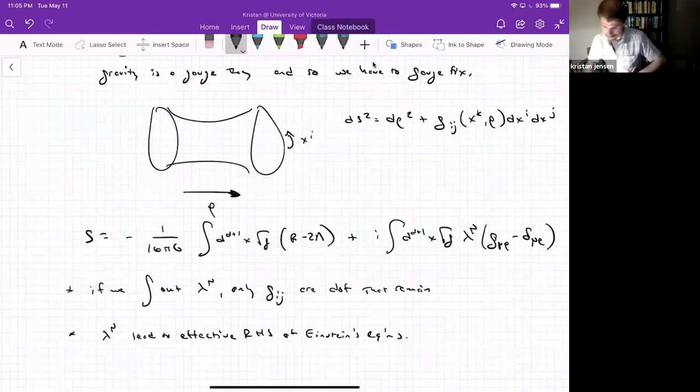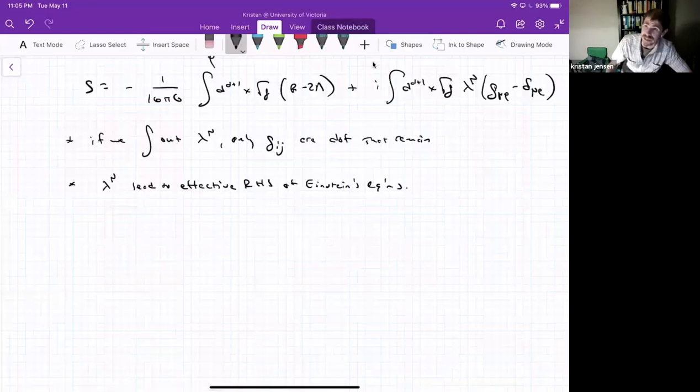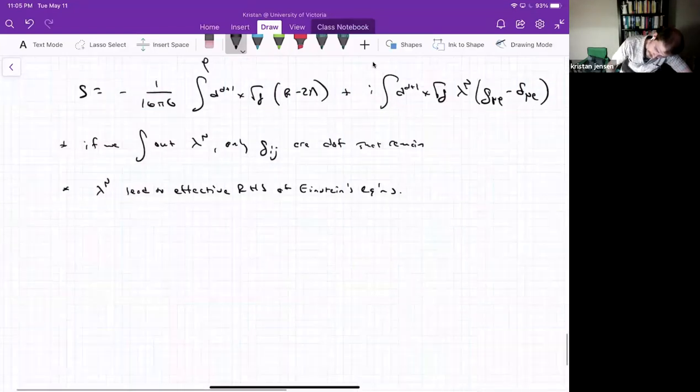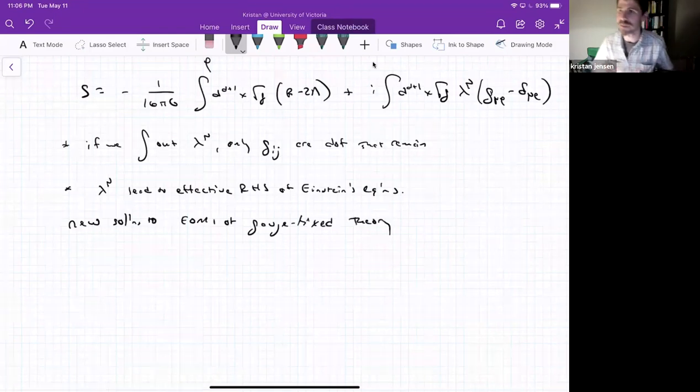So either way, you end up with new solutions to the equations of motion of the gauge fixed theory. And we call those things lambda solutions because there's a profile for the gauge fixing auxiliary field, which is like a Lagrange multiplier, which usually we denote as lambdas.